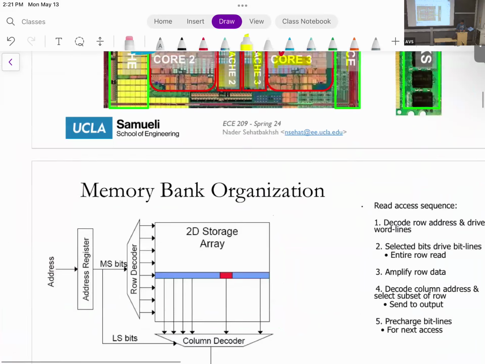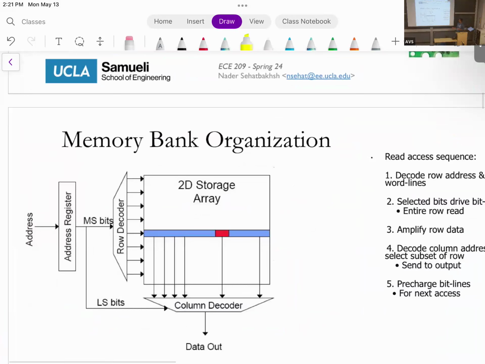So DRAM itself, you can think about as a gigantic 2D storage array, right? Data is stored in rows and columns. The way that we address the DRAM is that the address comes, and we usually register it into some register. So this is the address register.